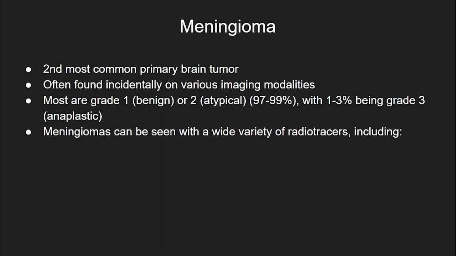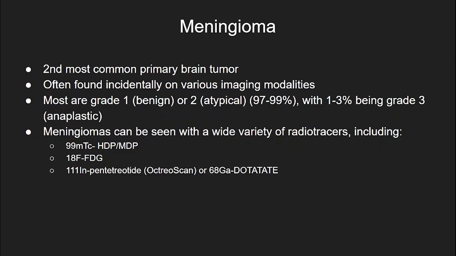In terms of nuclear medicine, it can be seen on a wide variety of radiotracers, as I mentioned, including the 99m technetium HDP or MDP, 18F FDG, 111 indium pentetreotide or octreoscan or gallium-68 dotatate, and 201 thallium, and 99m technetium sestamibi.